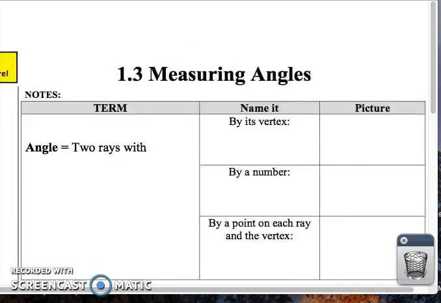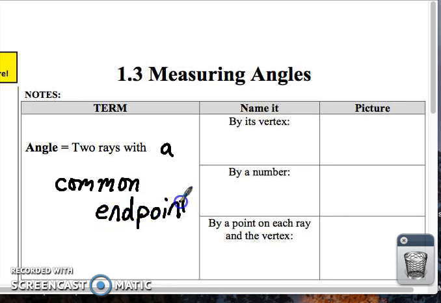Okay, enough of that real quick stuff. Let's go in here and take care of it. An angle is 2 rays with a common endpoint. It's made up of 2 rays that go with it. So here's our endpoint.